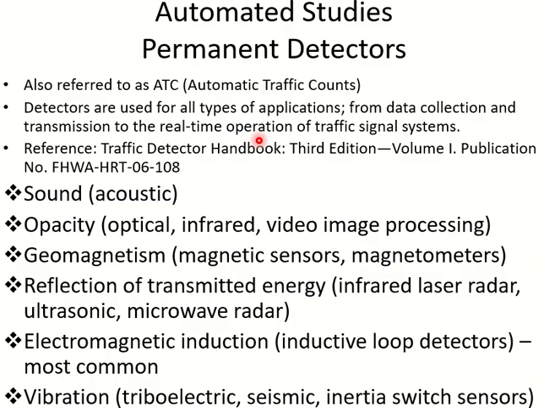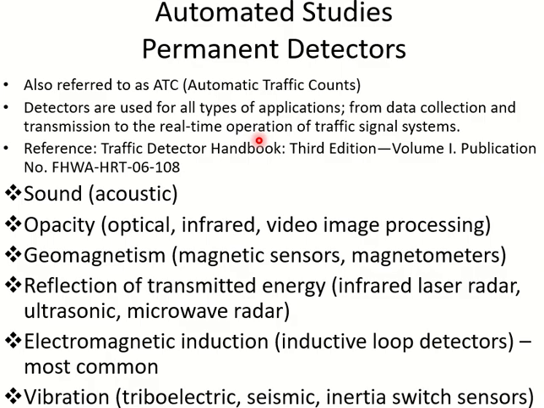In this case, no. Permanent detectors have some communication system with the traffic control office. It could be through VPN, Wi-Fi, fiber, whatever, but we need real-time access to the data. So they are permanent, they work 24/7 throughout the year, and they provide real-time access to the data.